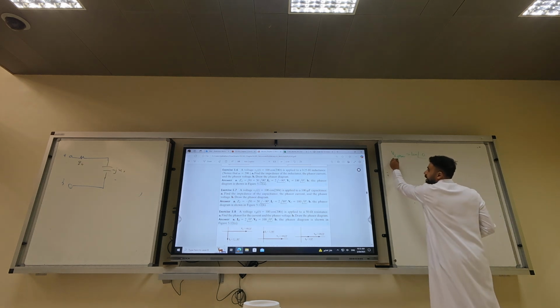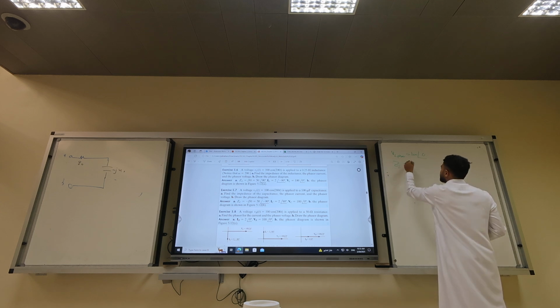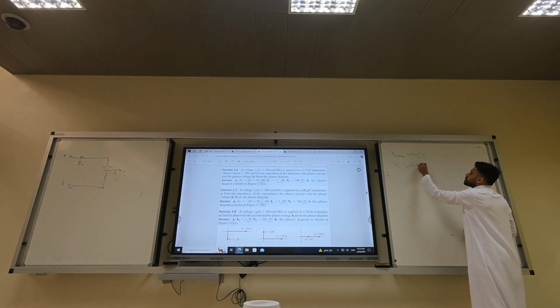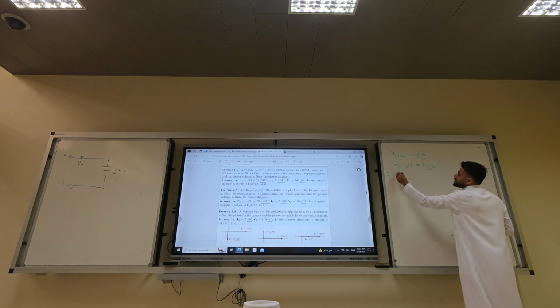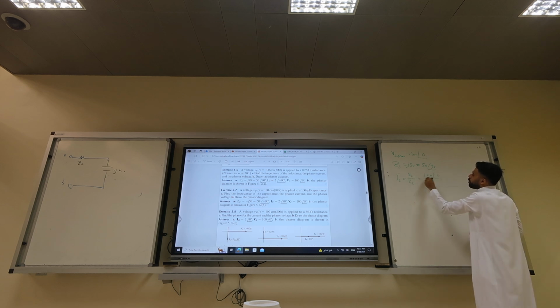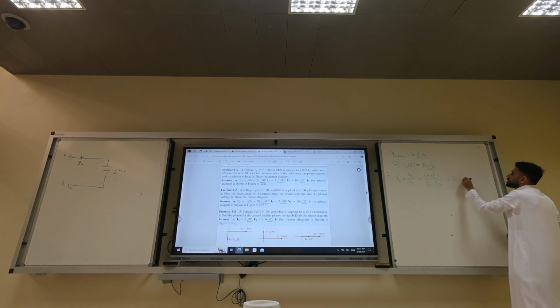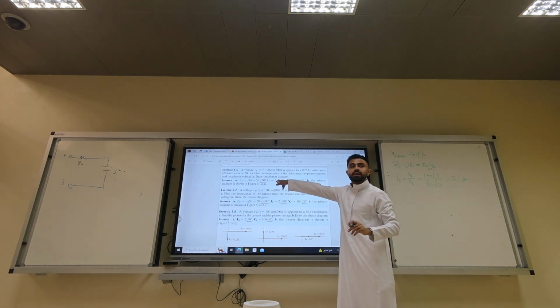And Z sub L is J50. And I told you J is 90 degrees, so it will be 50 angle 90. So what is I of L? I of L is V of L over Z of L, which is 100 angle 0 over 50 angle 90. That is 2 angle minus 90.